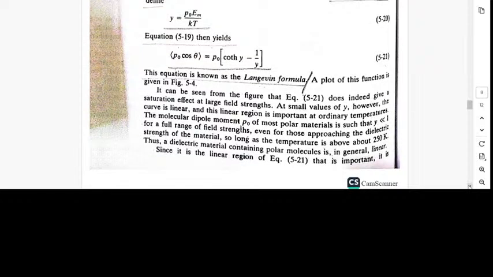So this equation 5.21 is called the Langevin formula. And the plot of this function is given in figure 5.4.